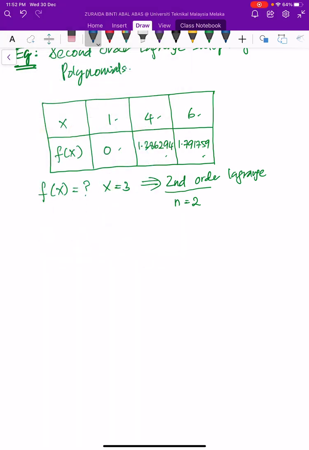Because this is second order Lagrange, we will have f2(x) equal to, remember that we have this summation from i equal to 0 until n. This time around, our n is 2. Then we have Li(x) f(xi).